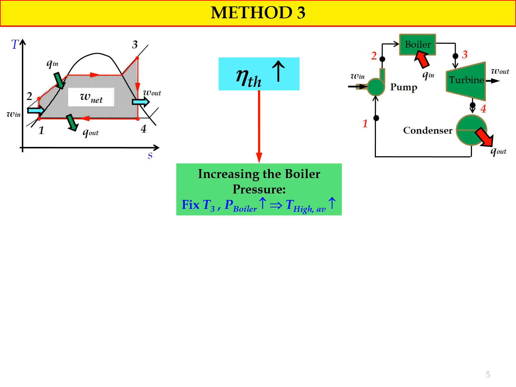And then we increase the boiler pressure, the pressure during the heat addition process. As a result, the value of average high temperature will increase.